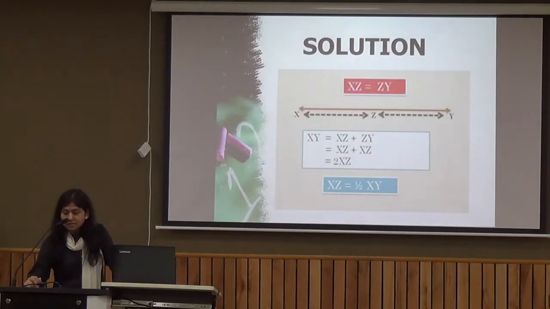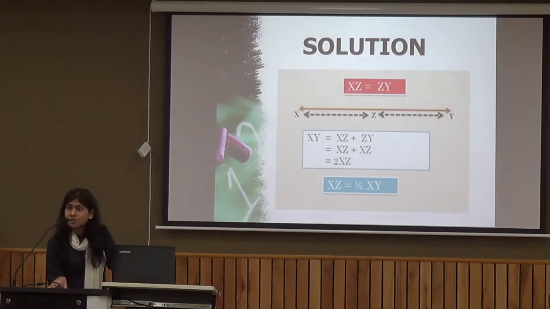Here, XZ is equal to ZY is given. Therefore, we can say that Z is the middle point of the line segment XY. So what can we write? XY is equal to XZ plus ZY. Now, XZ is equal to ZY, which is given to us. Therefore, substituting the value of ZY as XZ, we can write XZ plus XZ.